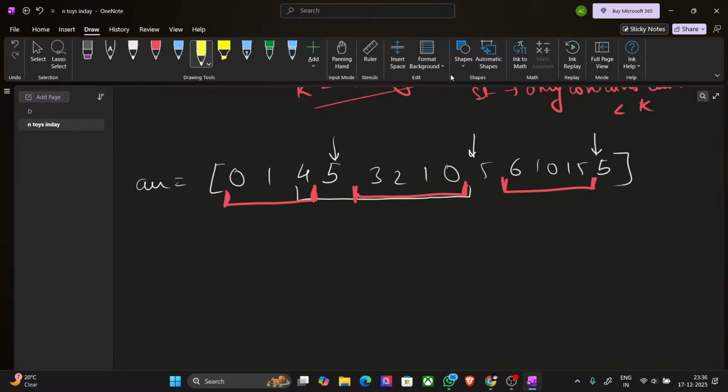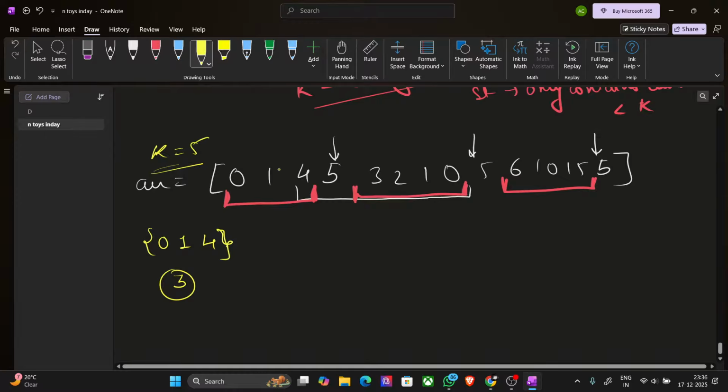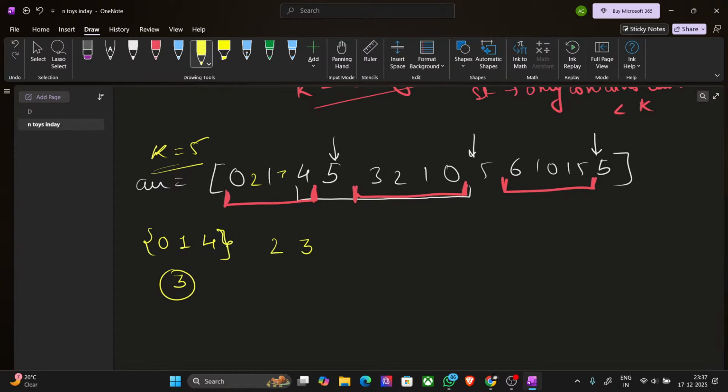What are the elements currently present in my set? It will be 0, 1, and 4, as all of them are less than 5. So the set size is 3, and I can take two more elements, 2 and 3, and insert them in these positions. Then this segment will give us max as 5, which will be my answer.